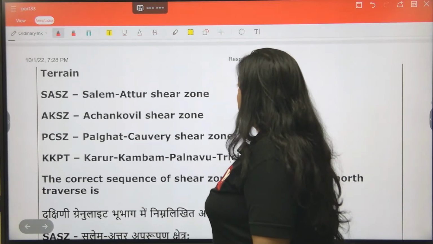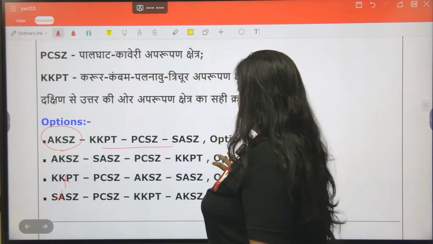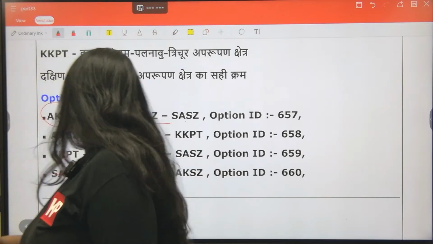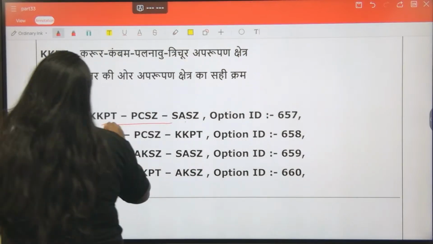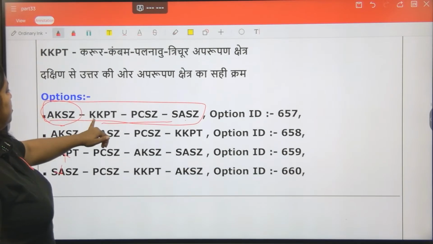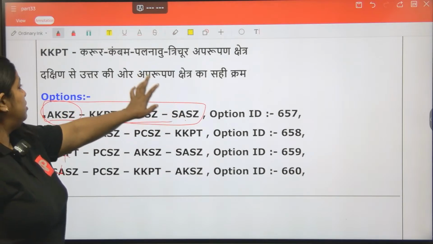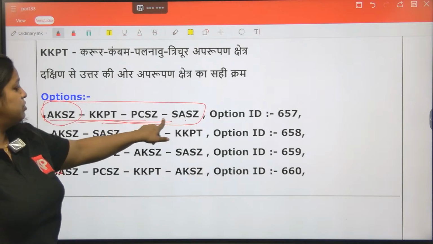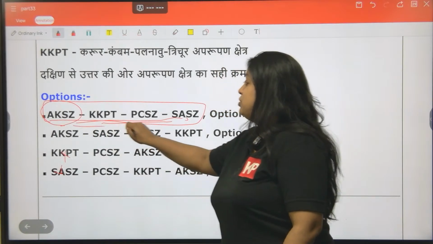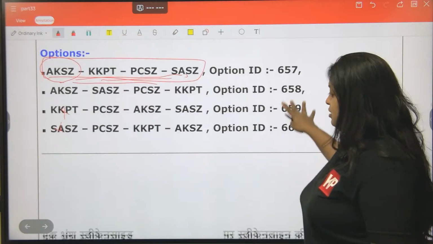So the right answer for this question is option A. Achankovil, then Karur Kambam shear zone, then Palakkad Kaveri shear zone, then Salem shear zone. If you know the normal geography of southern India, then also you will be able to answer the order of these places.